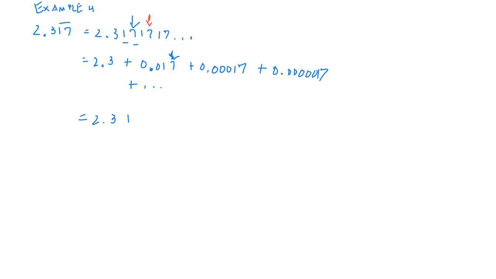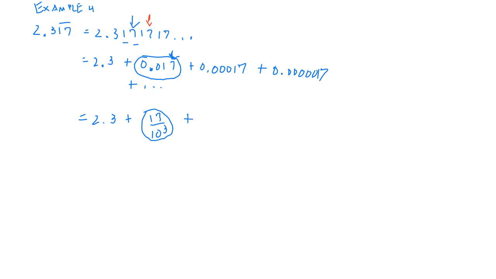So this is how you get 2.3 plus 17 over 10 cubed, because 0.017 is equal to 17 thousandths. 10 to the third is 1,000, right?